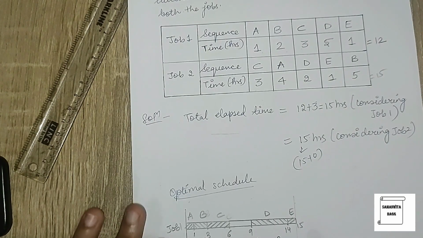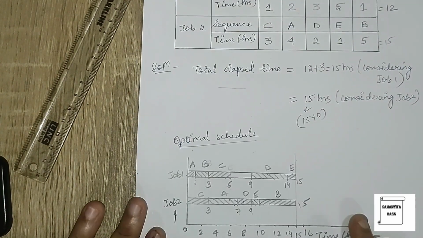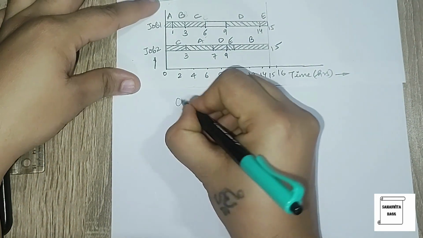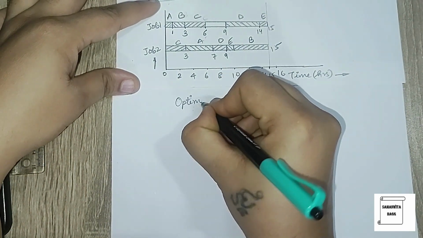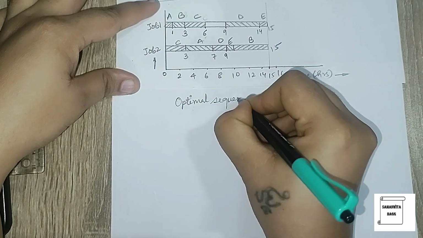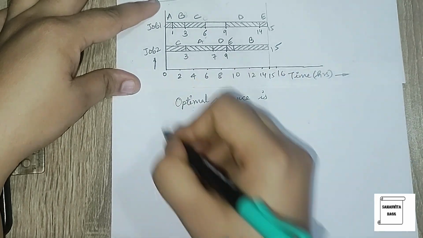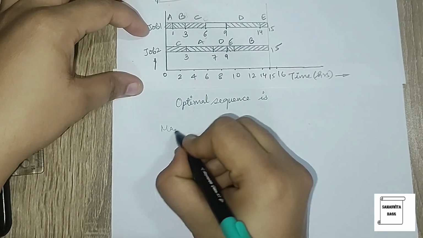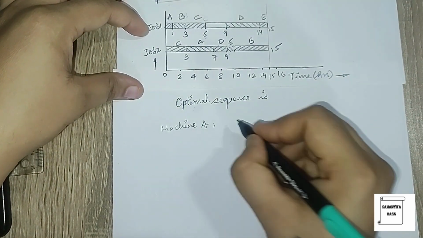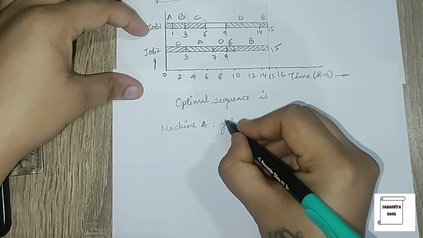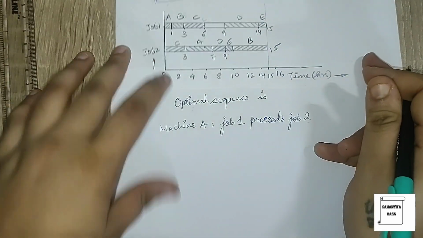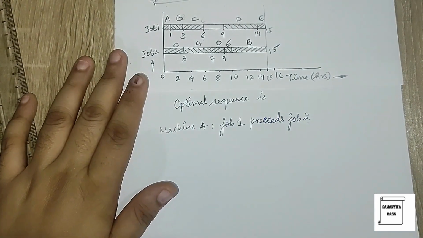So last we will write down what is the optimal sequence for this problem. So I'll write down the optimal sequence is, from the figure we figured out that machine A. So we'll write down for machine A, job 1 precedes job 2.